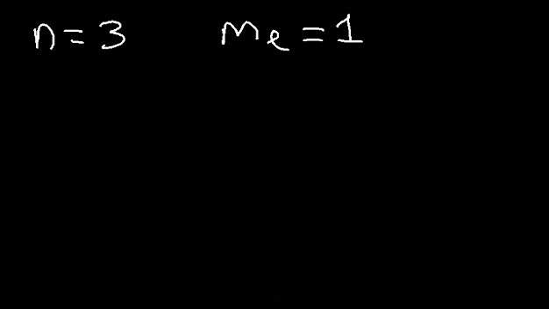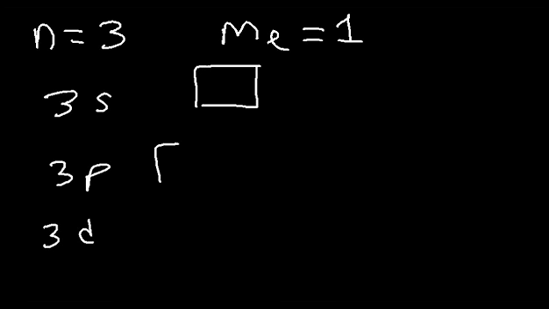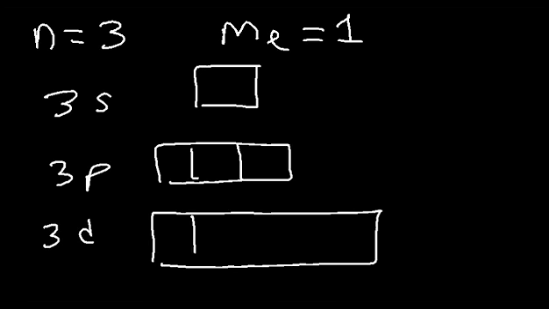So n is 3. When n is 3, you can have the 3s sublevel, 3p, and 3d. For 3s, there's 1 orbital. For 3p, there's 3. And for 3d, there's 5. For s, L is 0, so ml has no choice but to be 0. For p, L is 1, so ml can be -1 to 1.